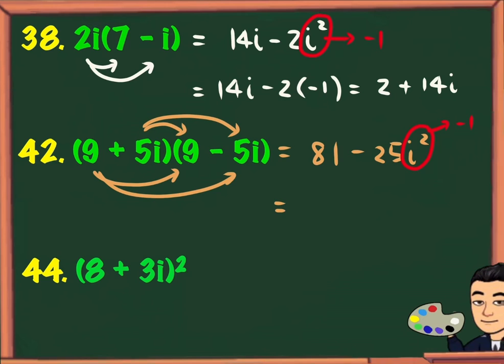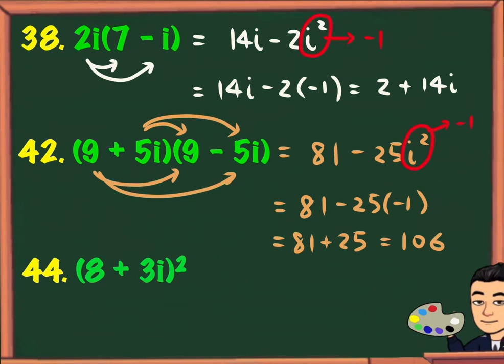So this is going to equal 81 minus 25 times -1. And this is going to equal 81 plus 25, which equals 106. For number 44, this is going to equal 8 plus 3i times 8 plus 3i.